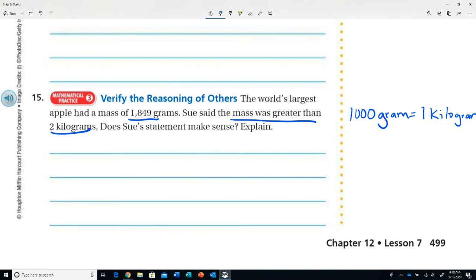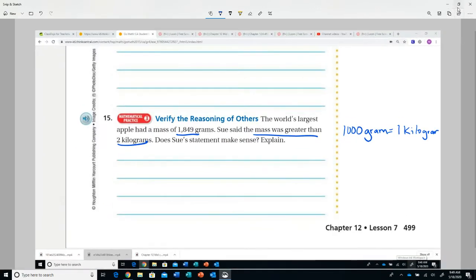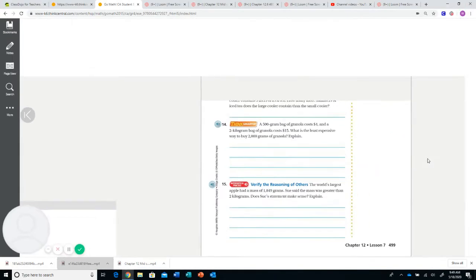Think about how many grams 2 kilograms is. Once you know that, you'll be able to see the mistake she's made. All right, I'm going to leave the rest to you, and I'm going to go to the next page.